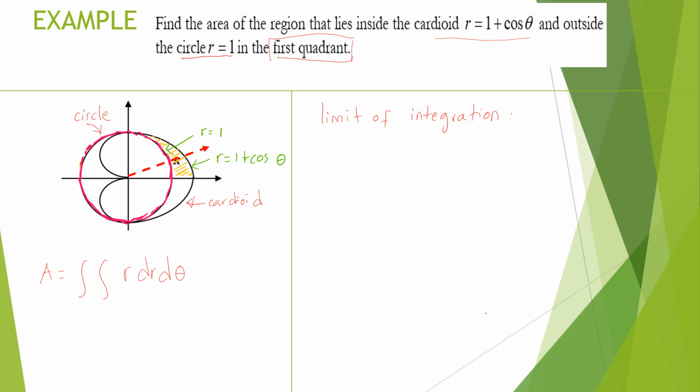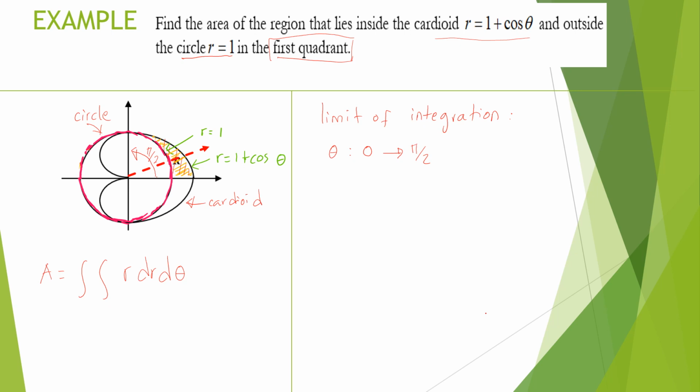Look at our shaded region here. Our theta is from 0 to pi over 2.